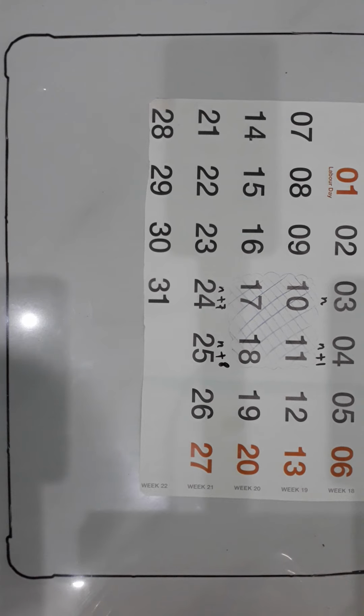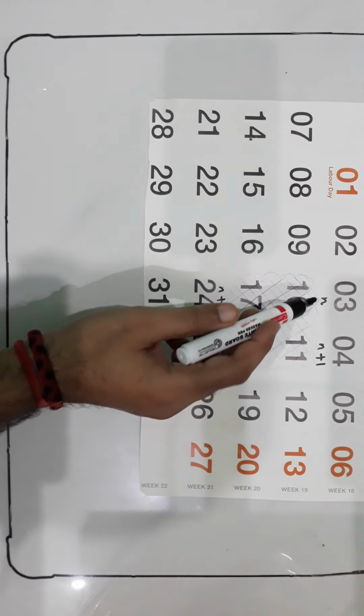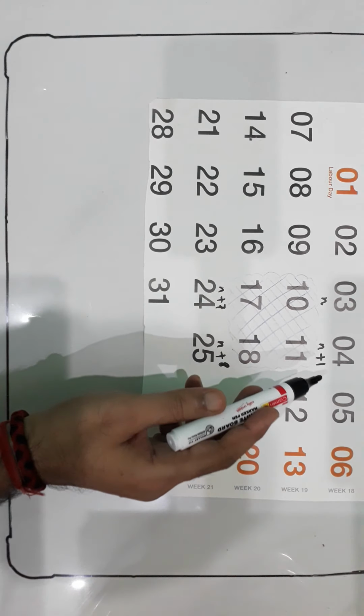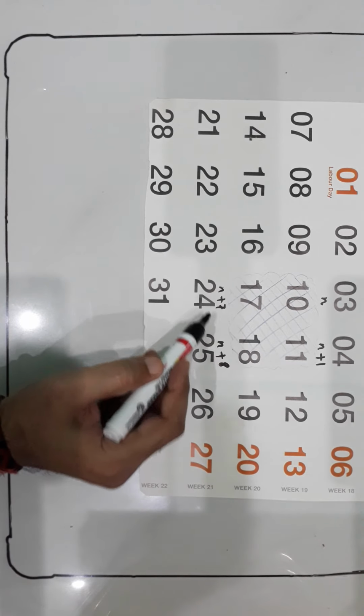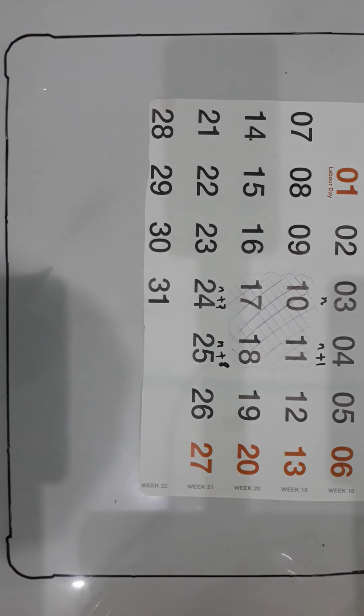So in this, if you take any of the 4 dates in this manner, always you will be getting n as the first one, then n plus 1 as second, n plus 7 as third, and n plus 8 as the fourth one. Now what we will do is, let's add them all.